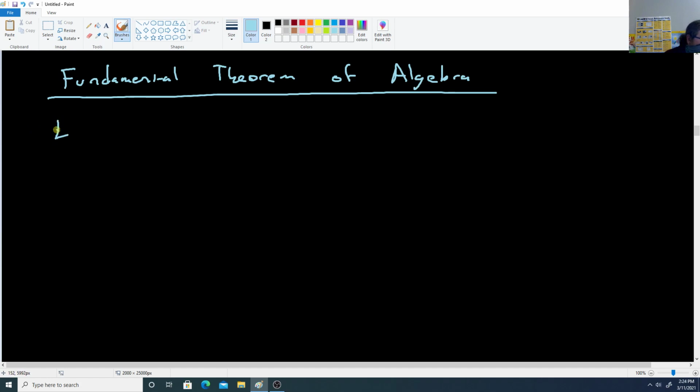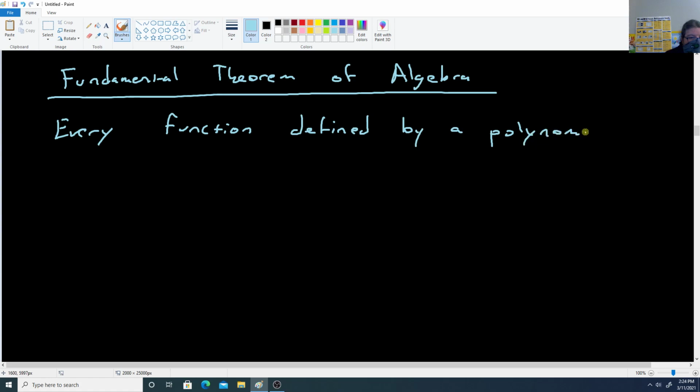we say every function defined by a polynomial of degree 1 or more has at least one complex 0.